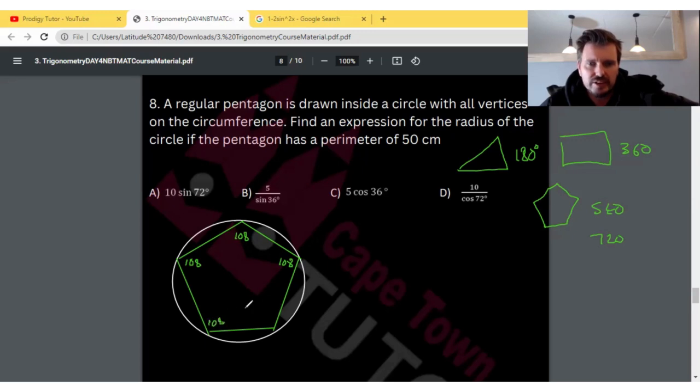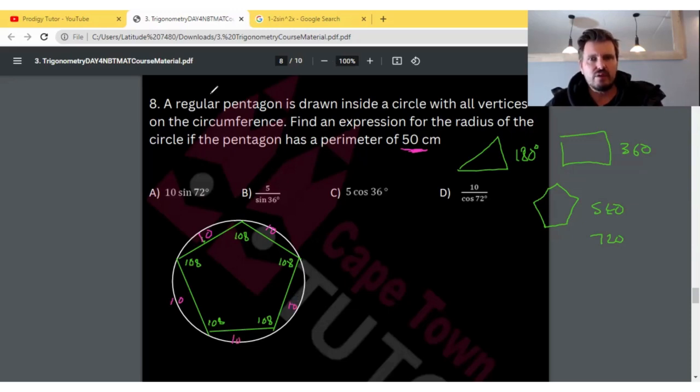Anyway, we're dealing with a pentagon. So this is 108, 108, 108. They say the perimeter is 50, which means that each of these sides is 10. So if the pentagon's perimeter is 50, this is 10, 10, 10, 10, 10.